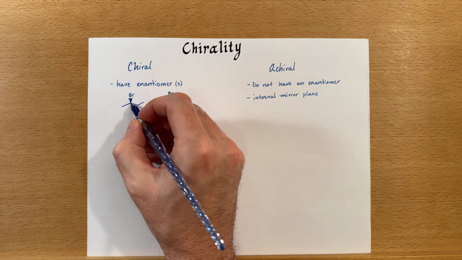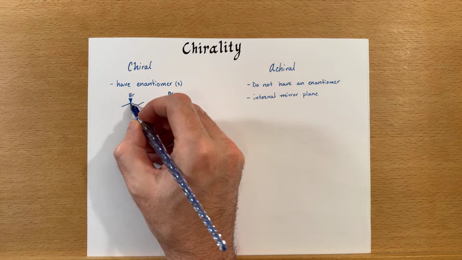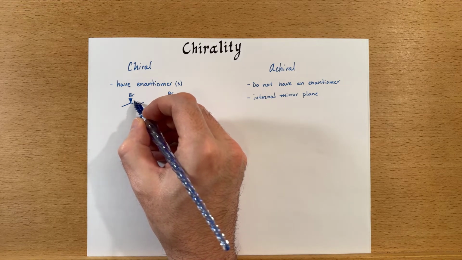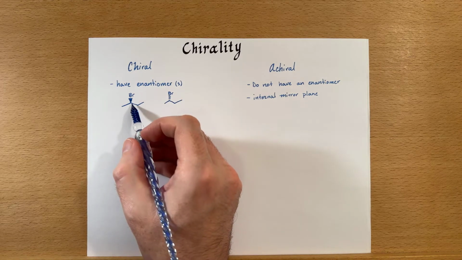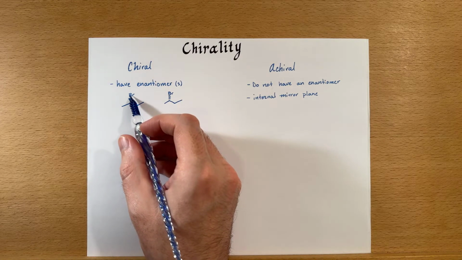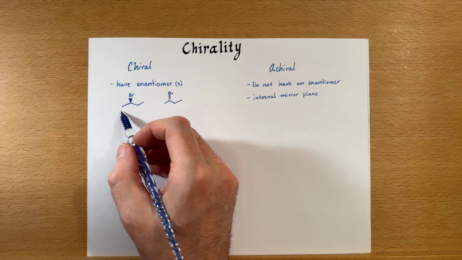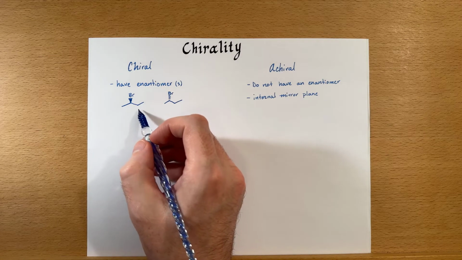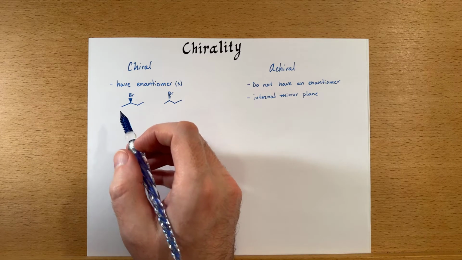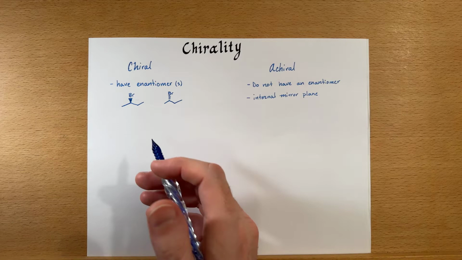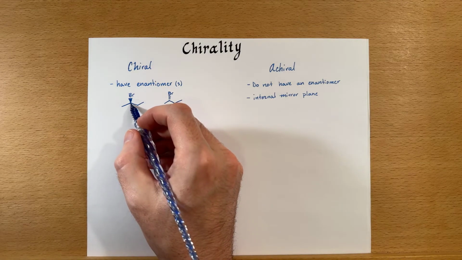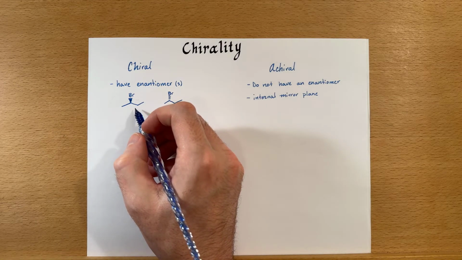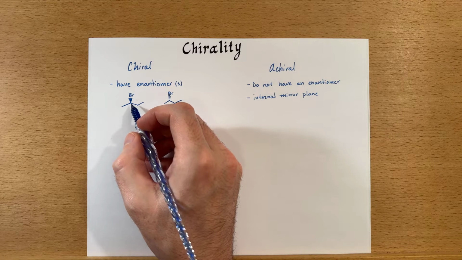Behind here, something that I did not draw in, is the hydrogen. So that's one object that's on this particular carbon. There's a bromine, there's a methyl group here, and there's an ethyl group. All of those are different from each other. And therefore, since there are 4 different objects around that particular carbon, that is a chiral center.